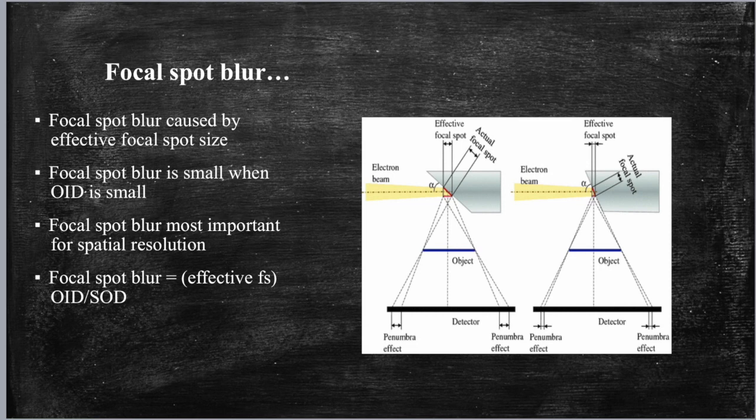OID and focal spot blur have a direct relationship. Focal spot blur is most important when looking for spatial resolution. It can be calculated by multiplying the effective focal spot with OID and dividing the product by SOD. When trying to minimize focal spot blur, it is important that we keep in mind the use of small focal spots and short OID.